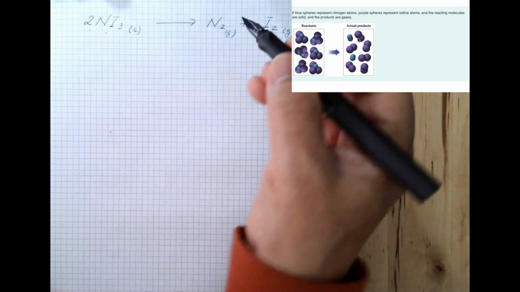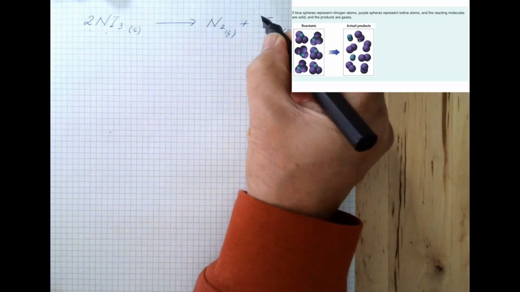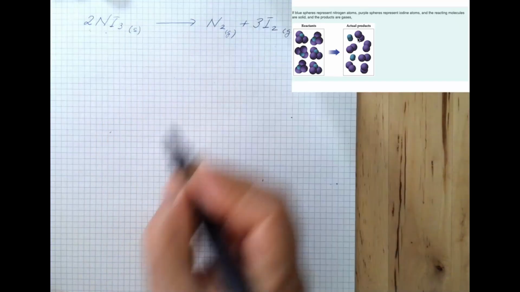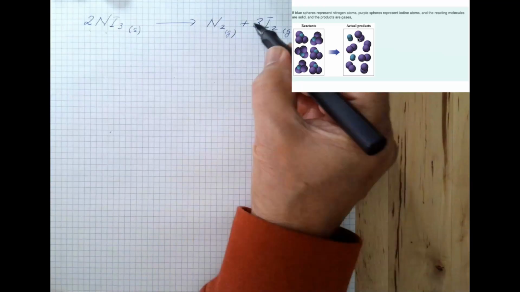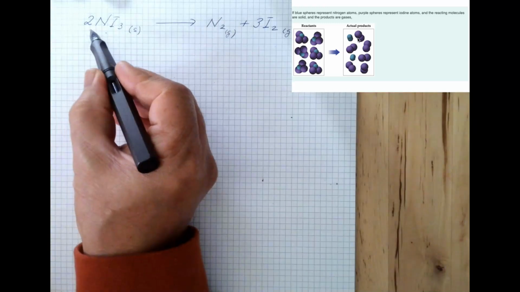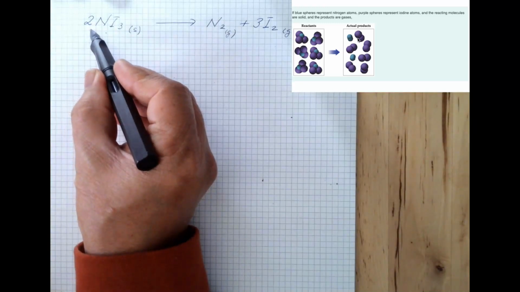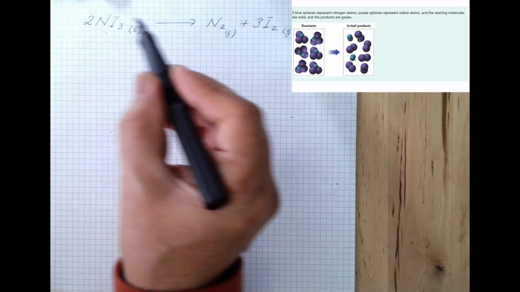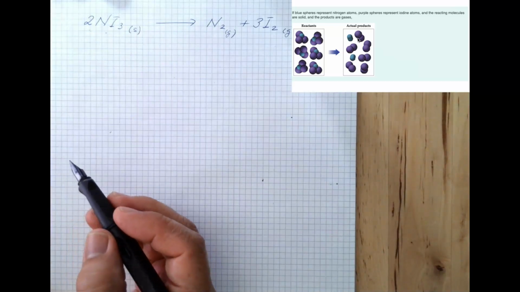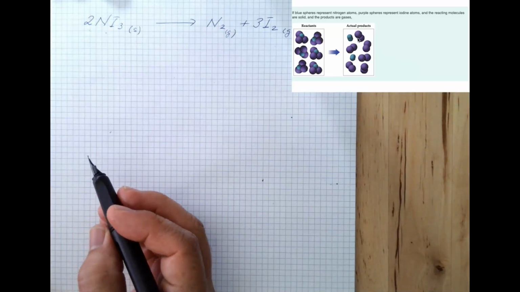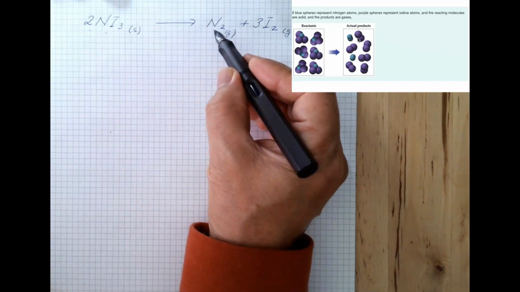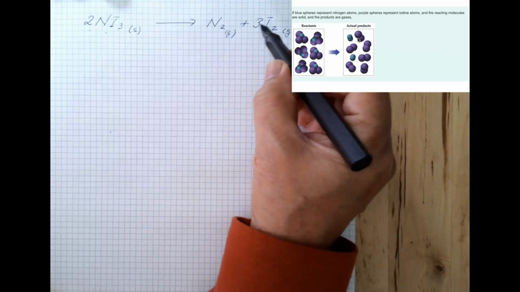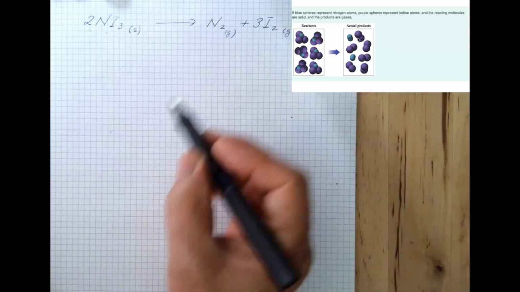So we need to balance that by writing a 3 in front of the I2. This now has 3 times 2, 6 iodines, the same amount as the reactant side. So this is the answer to part 1. 2 NI3 in the solid state yields 1 mole of N2 gas plus 3 moles of I2 gas.